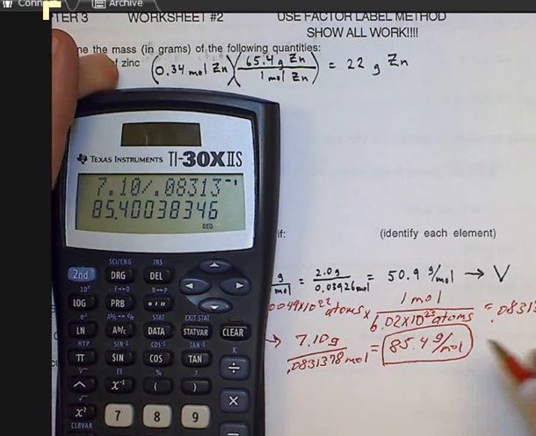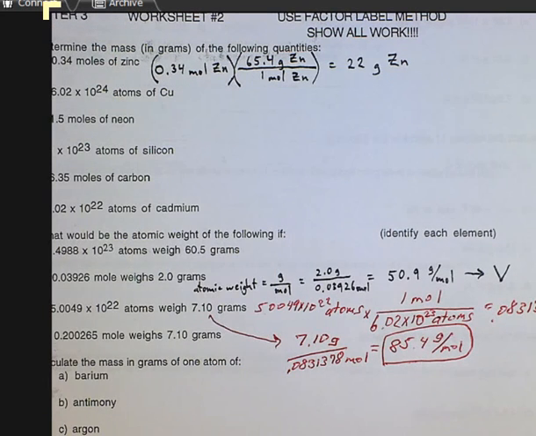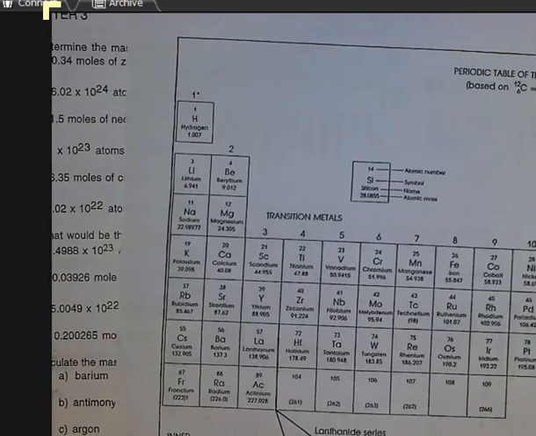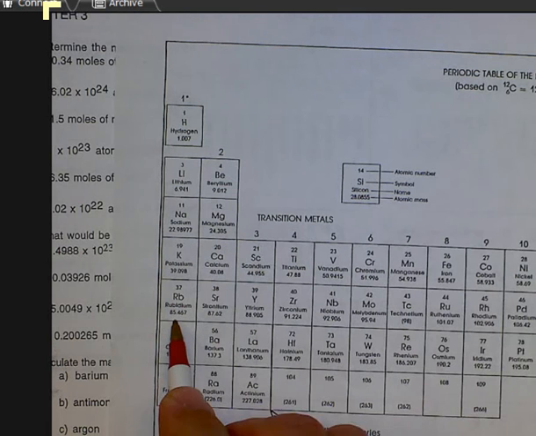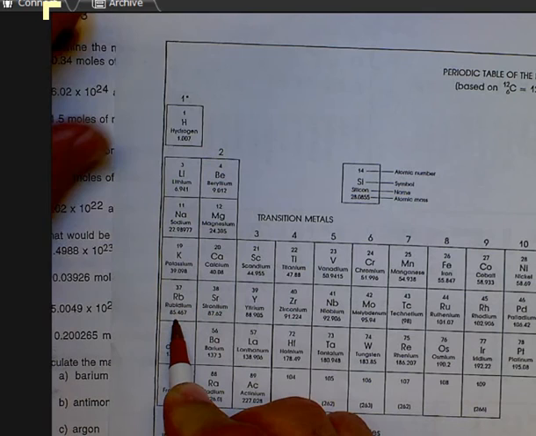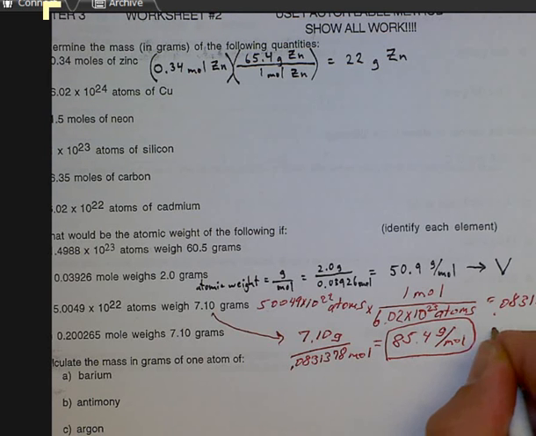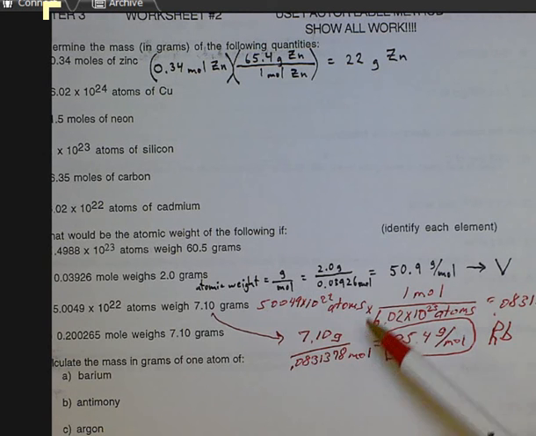And so in order to identify the atom, we're going to look on the periodic table, and we're going to see that the element that has an atomic weight of 85.5 is going to be rubidium. It may not be the exact same number, but it's going to be awfully darn close. So our unknown element here is rubidium, Rb. Okay? So it's about getting grams and moles and dividing the two.